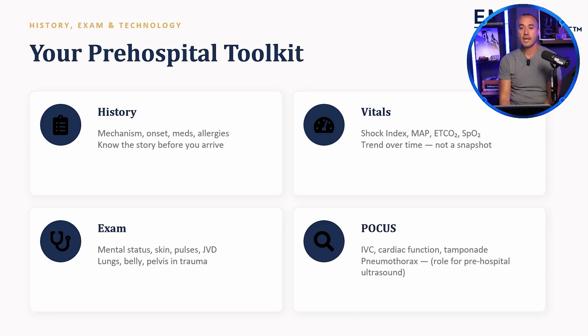Now, I do want to make a little plug here for progressive systems that have the capability to utilize this. There is a role for ultrasound. I do see that there is a role for pre-hospital ultrasound. It helps you determine between different types of shock and also helps identify potential intervenable pathophysiology. One of those, particularly in trauma, is a pneumothorax.